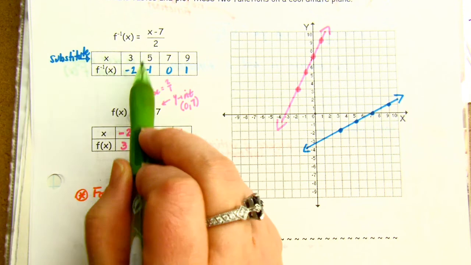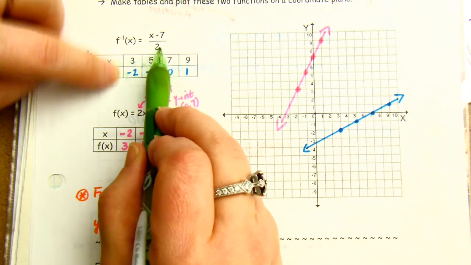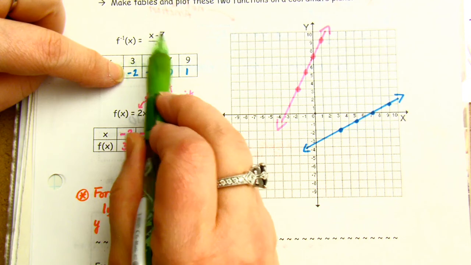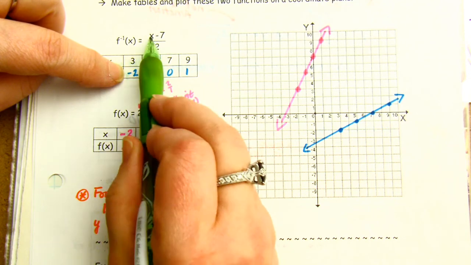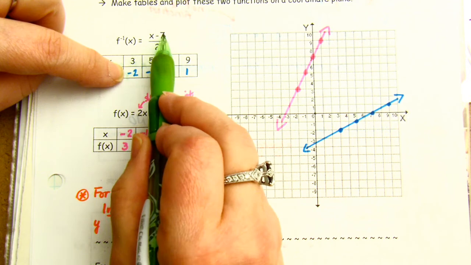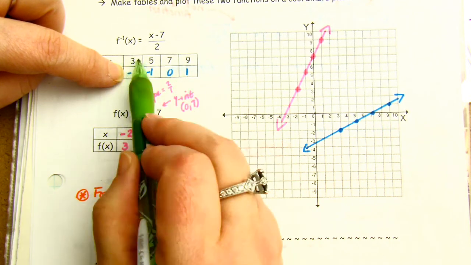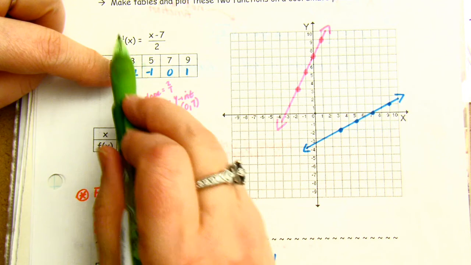So up here, 3 minus 7 is negative 4 divided by 2 is negative 2. 5 minus 7 is negative 2 over 2 is negative 1. 7 minus 7 is 0 divided by 2 is 0. 9 minus 7 is 2, 2 over 2 is 1. Okay? So that's how we found these values, by substituting these into the function.